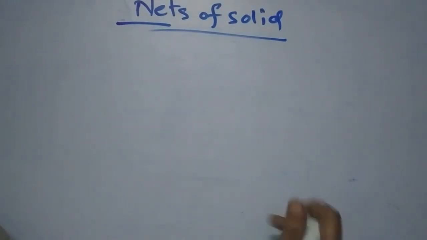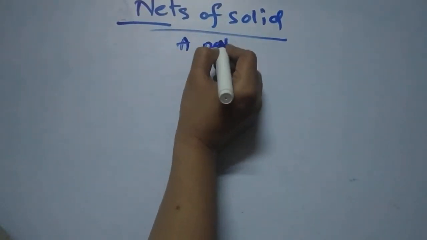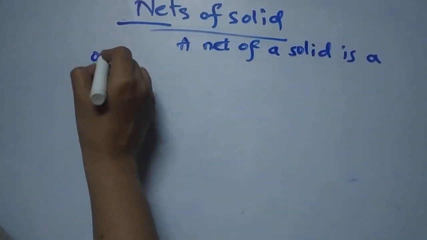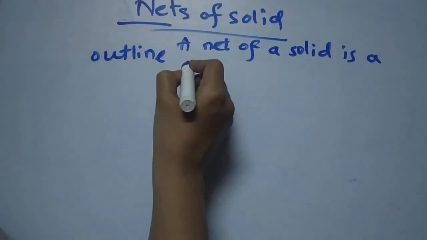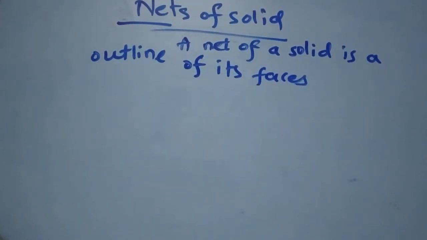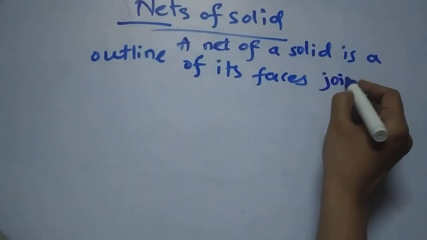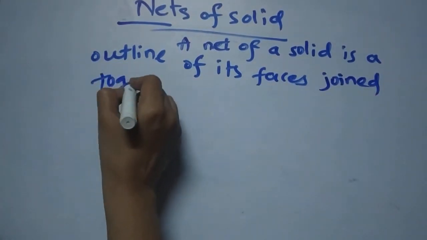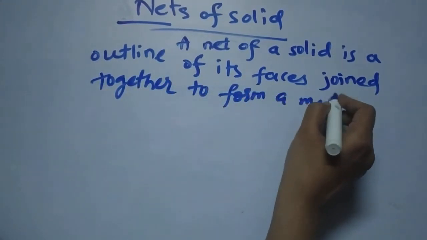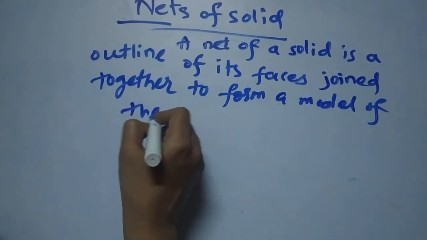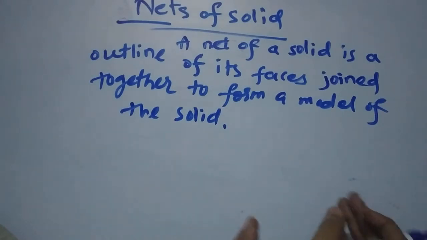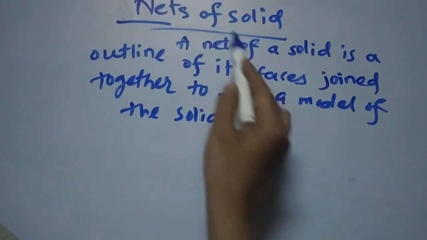We know that a net of a solid is just an outline of its faces, which are joined together to form a model of the solid. So when you cut that solid open and join it again, the opening of that solid, you can say, is a net.